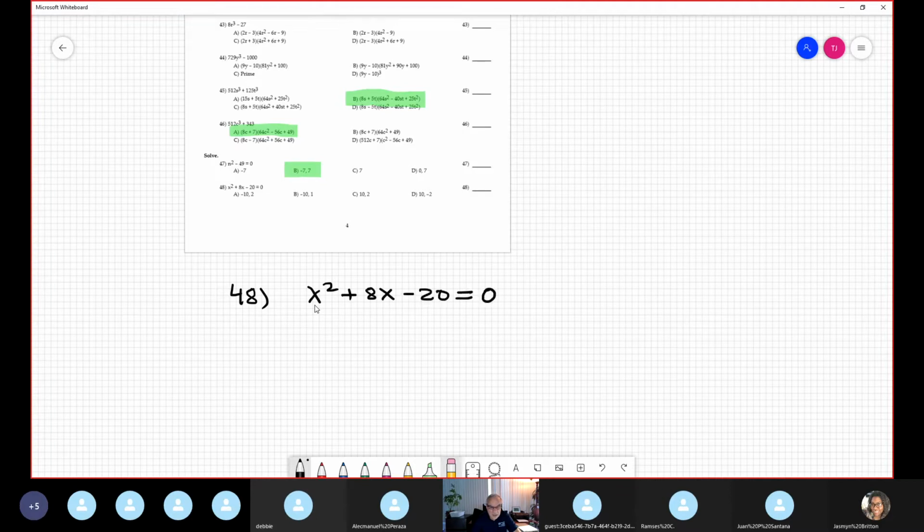Again, the same kind of question. It's a quadratic equation, degree 2. Two solutions we expect. It's expressed in standard form.